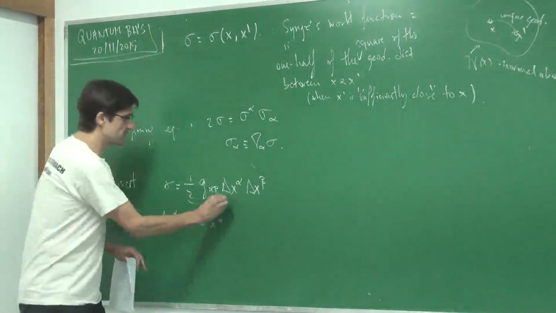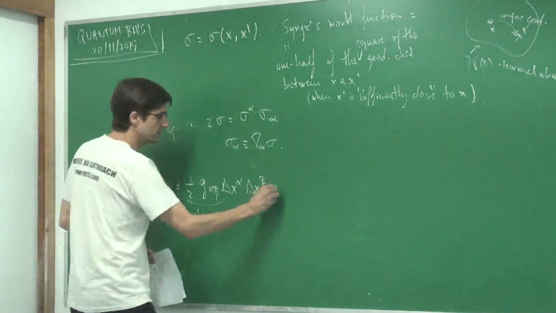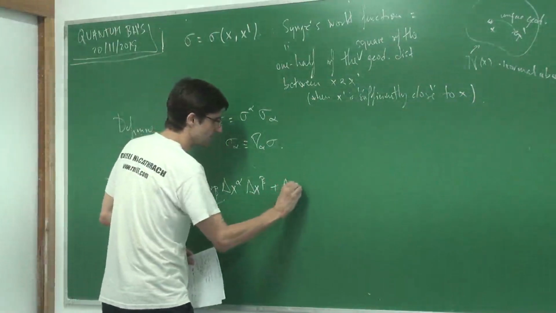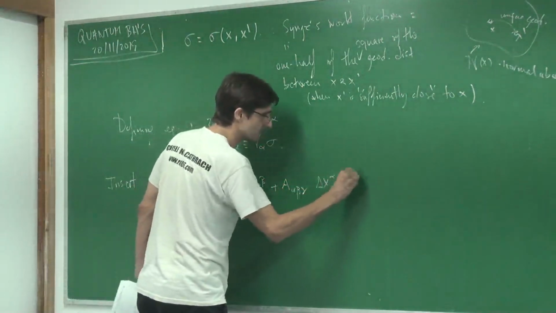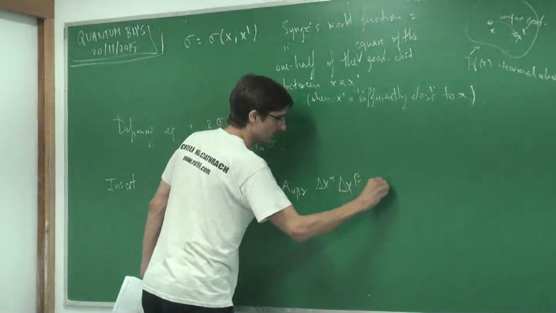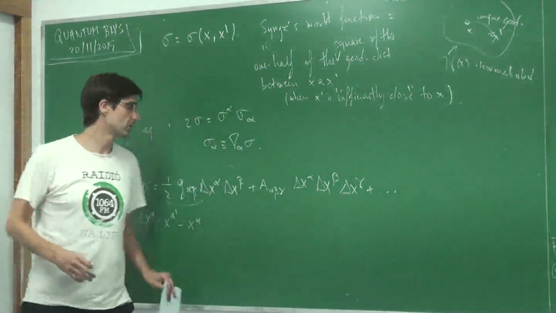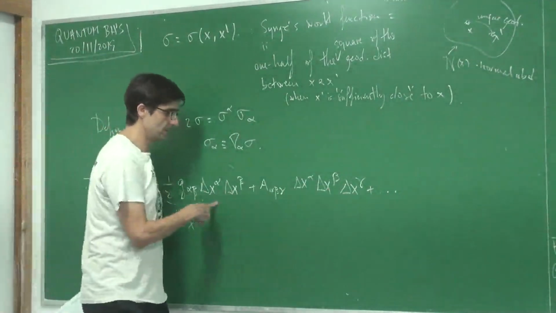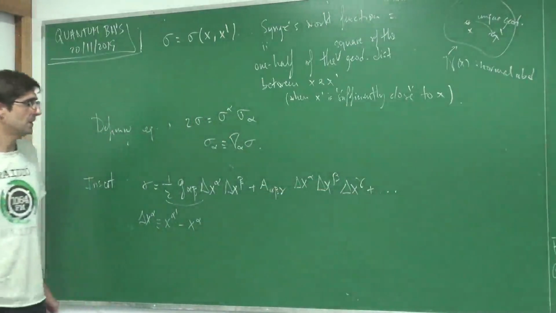I'll show now that the leading order is trivial. And then you can do higher orders, alpha, beta, gamma. You can write it like this, and you can go to higher orders. In fact, we will need a higher order. This will be 0, we'll need this one and the next order.